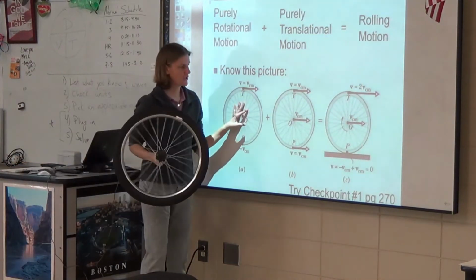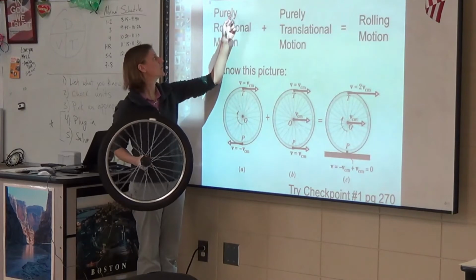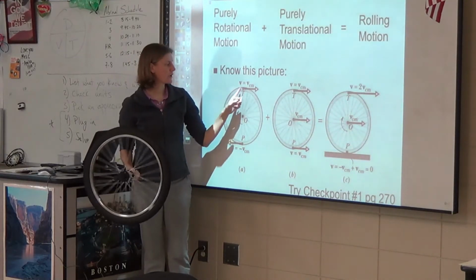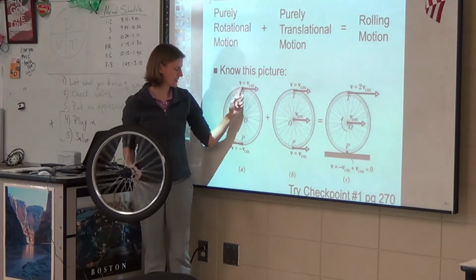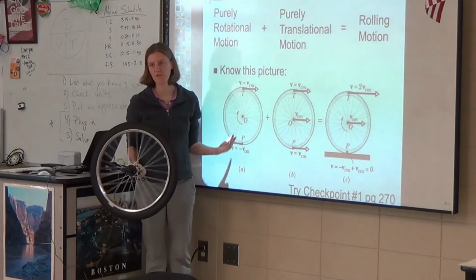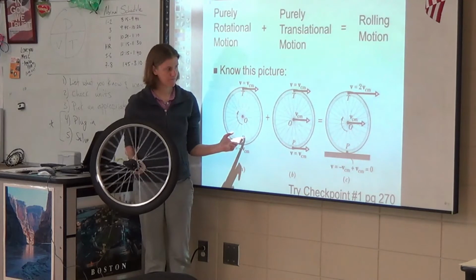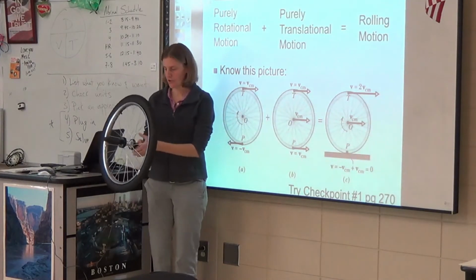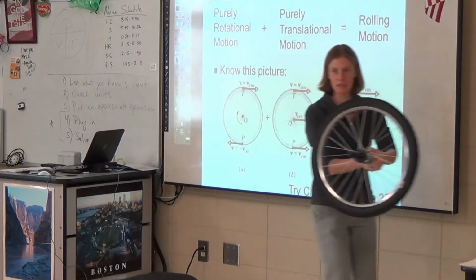Imagine the combination of these pictures. Purely rotational motion, like this. If I was talking about purely rotational motion, the tangential velocity of the top and bottom would be the same, albeit in opposite directions, with the same radius. If I'm talking about linear motion, we're just doing this.